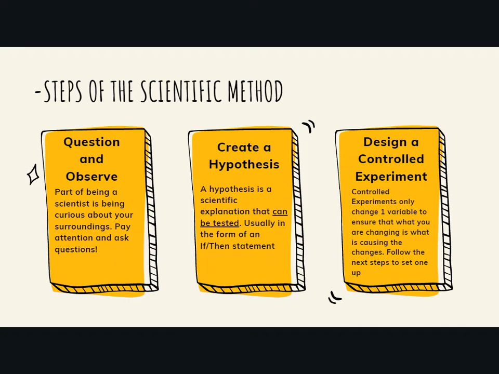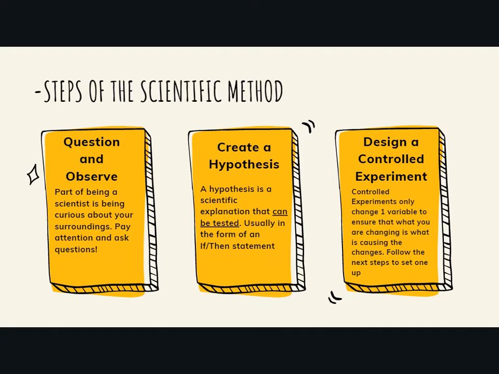Once you have a question that you want to commit to answering, and you want to design an experiment or carry out this process to find the answer, that is when you create a hypothesis. A hypothesis is a scientific explanation that can be tested. That's important.